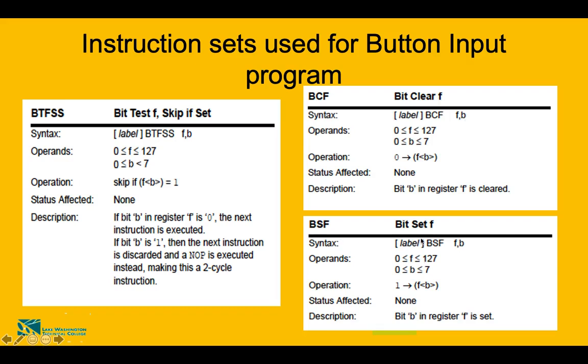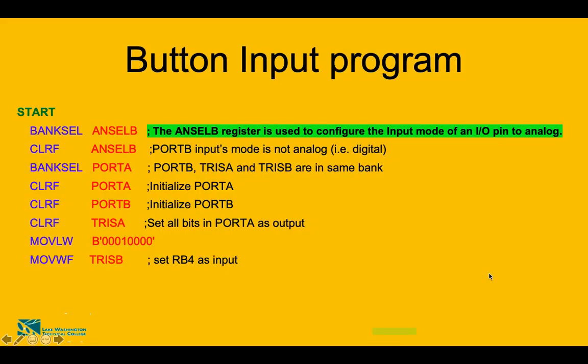And then BSF works opposite to what BCF does. It basically sets the bit. Whichever bit you assign here, it's going to set that bit to 1. So these three major instructions we'll be using in this program. Now let's quickly jump to the programming.